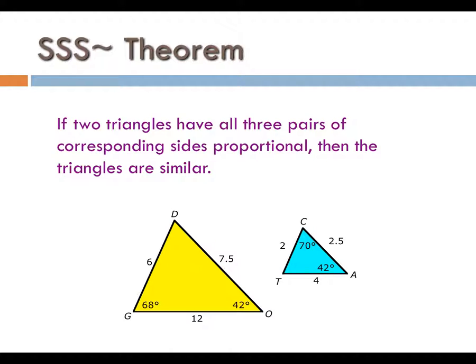Not congruent, similar. 6 is to 2, as 7.5 is to 2.5, as 12 is to 4. They all equal 3, we're good to go. Don't even have to talk about the angles, just talk about the three pairs of sides. Life is good.